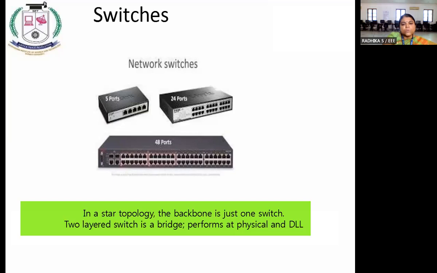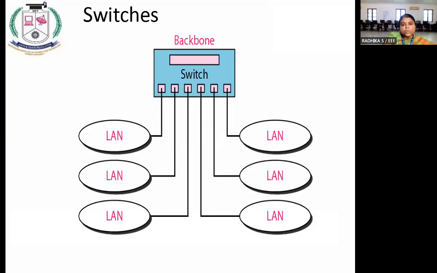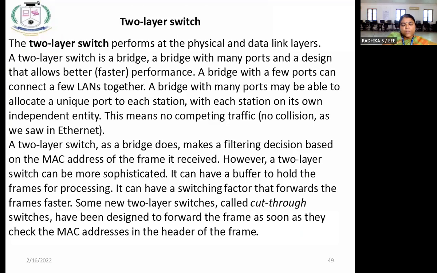Now moving on to switches. We have network switches, which could be a backbone, which is just a single switch, or a 2-layer switch, which is nothing but a bridge with more ports, or a 3-layer switch, which is similar to a router. So what is this 2-layer switch? It is a bridge, and sometimes we even call it a bridge, but it has many ports compared to the normal bridge with only 2 ports.